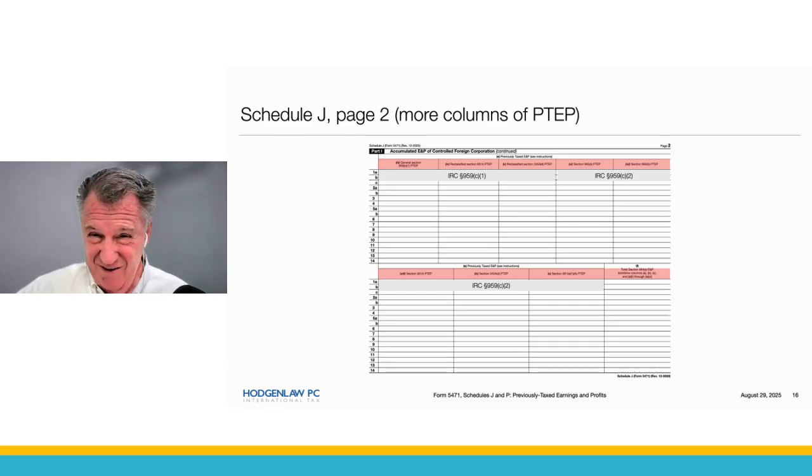So if you're ever confused about what the code and the regulations say, you go find the right form and you find where the code and the regulation resolves down to on that form, and you can kind of work backwards with some plain numbers and say, oh, that's what they meant. And so here in my example, I'm showing you how Schedule J resolves back to specific code sections, why they're there. And those columns that you have listed and they're highlighted, those come from Reg Section 1.960-3(c)(2).